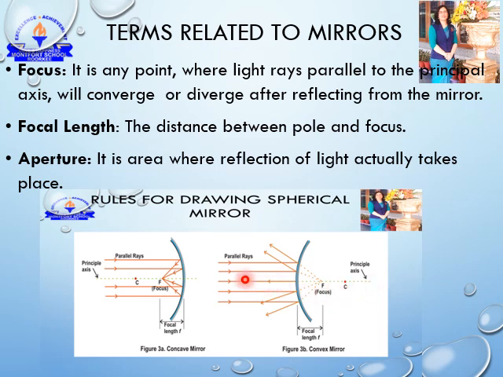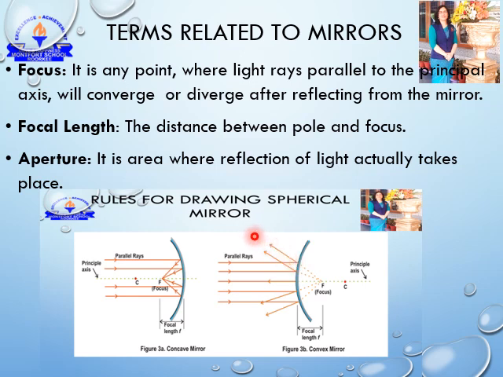Now draw lines parallel to the principal axis. One line we have drawn parallel to the principal axis is your incident ray. When the incident ray meets the surface of the convex mirror, reflection will take place in this direction.